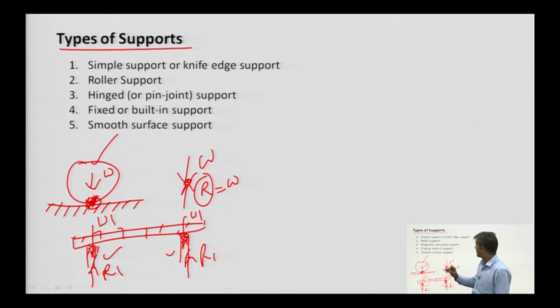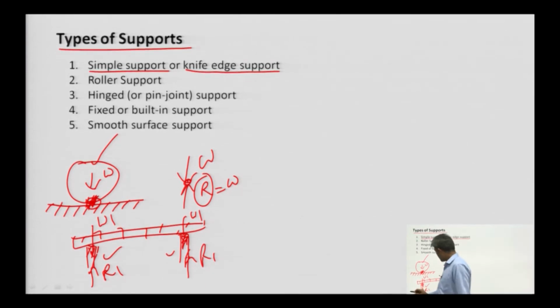Now, the next point is what are the different types of support. First is a simple support or knife edge support. Simple support can be this one case. Here this horizontal bar is actually a knife.